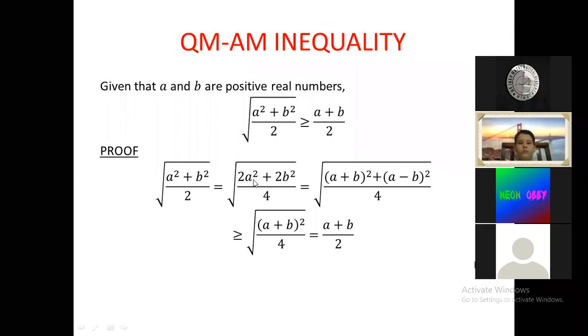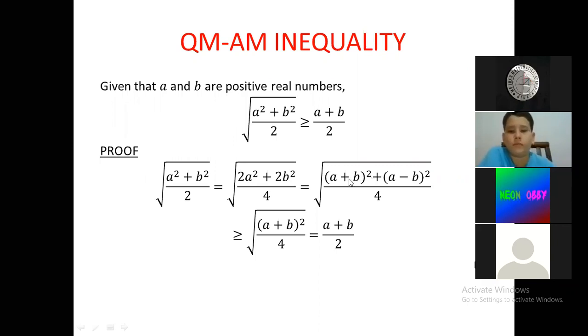So we're here: 2a squared plus 2b squared. Now, if you expand (a plus b) all squared plus (a minus b) all squared, you would have 2a squared plus 2b squared. The reason is this: (a plus b) all squared is a squared plus 2ab plus b squared. (a minus b) all squared is a squared minus 2ab plus b squared.